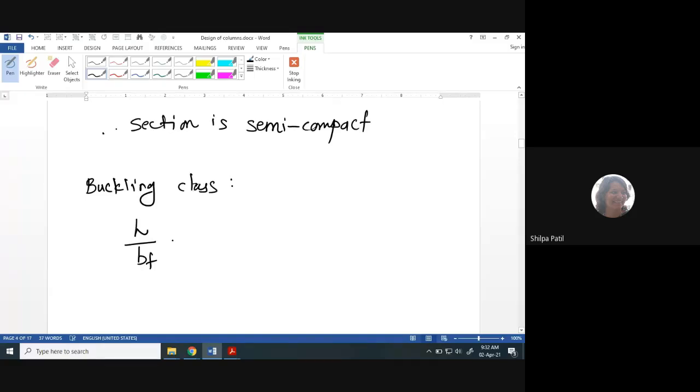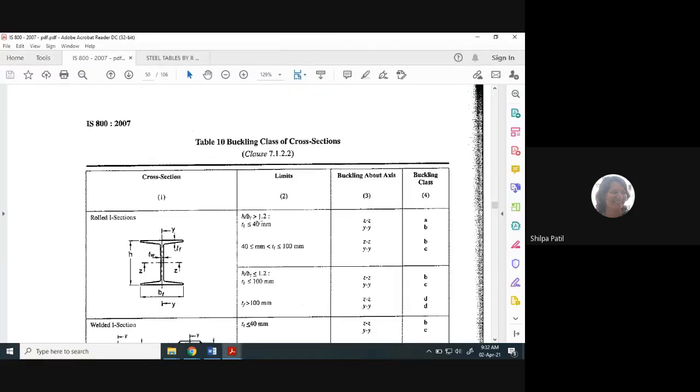As per the ratio, h is 225, the total overall depth of the section, and bf is also 225, so this value is 1. Now comparing with the value given here, if it is greater than 1.2, then we have to use this clause. Now the value is coming less than 1.2, and see here, the TF value.